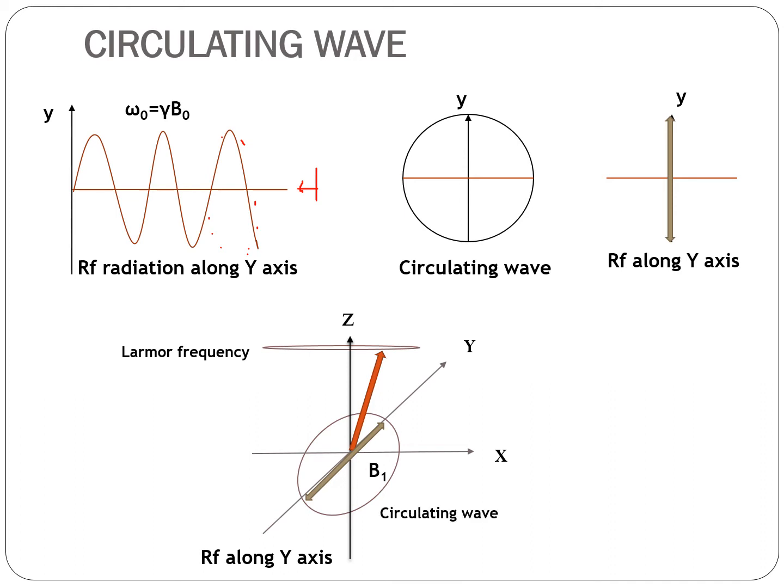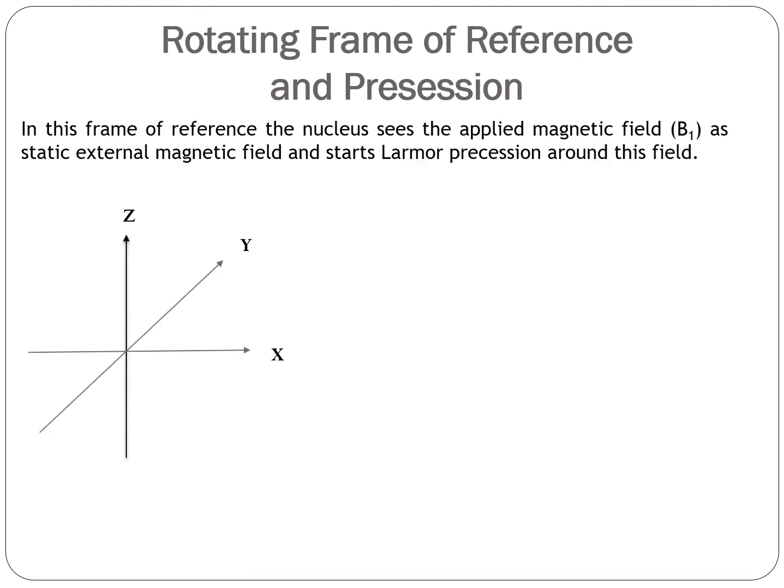So what happens to this? If we see the same thing again, this is the bulk magnetization rotating along the z-axis at the Larmor frequency. Now we are applying the RF along the y-axis as a circular wave. Whenever this circular wave and the Larmor frequency match each other, resonance has appeared, that is, excitation has taken place.